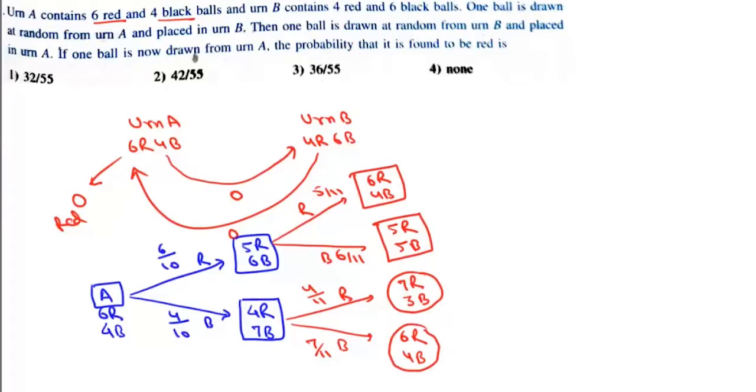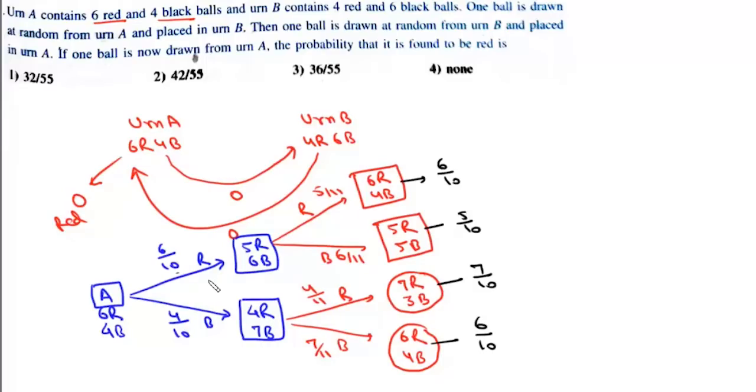Now from this, we need to find the probability that the ball drawn is red. Now here ball drawn is red with the probability 6 by 10. Here it is 5 by 10. Here it is 7 by 10. And here it is 6 by 10.